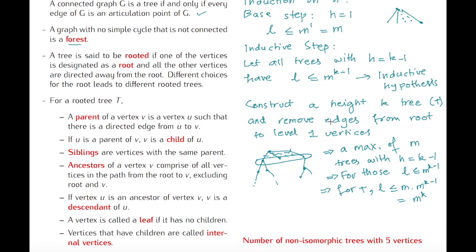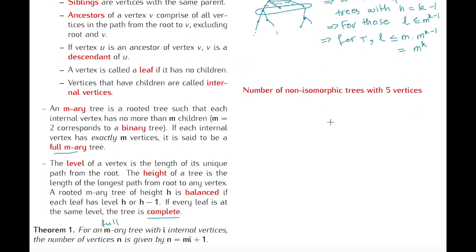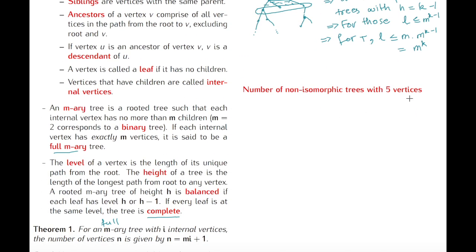Okay, now let's go to another question. Now we have to generate non-isomorphic trees with 5 vertices. Okay, so there are two cases, rooted and unrooted. Which one do you think will have more options? Any guesses?